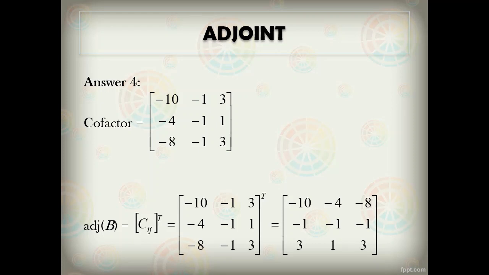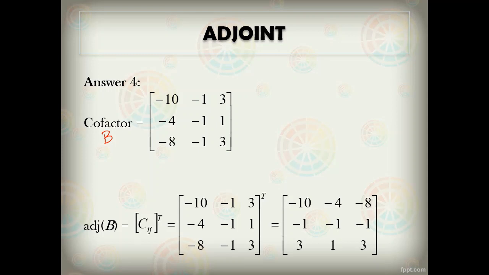From finding the cofactor, we get cofactor B equal to this. I'm sorry I didn't show the way of finding cofactor B, just to shorten this lecture a little. You can review the way of finding cofactor from the previous slide.